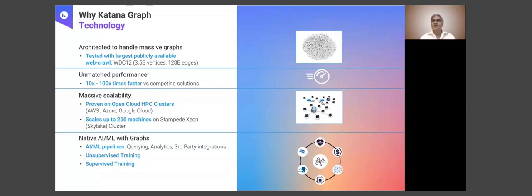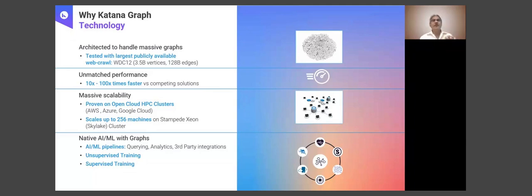So what we are building is what we call a graph intelligence platform, and it's been architected from the get-go to handle massive graphs. It's been tested with some of the largest publicly available web crawl graphs, like WDC12, which has 128 billion edges. Our system has been designed from the get-go for graph computing and not so much for being a graph database, unlike many of the other systems in this space.